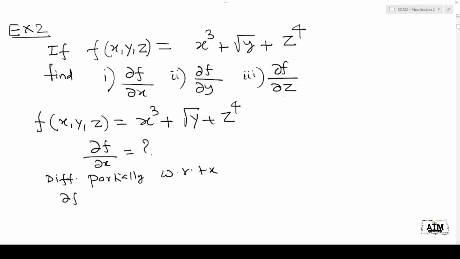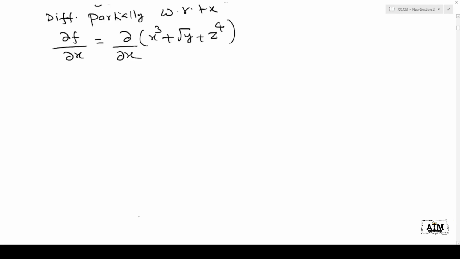So dou f by dou x equals the partial derivative of x cube plus root y plus z raised to 4 with respect to x. Now here the terms y and z become constant. This is constant, and even the z terms are constant.